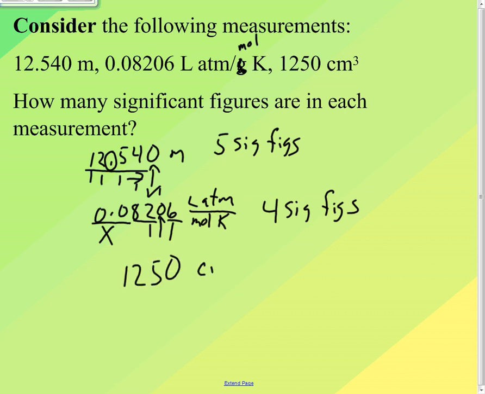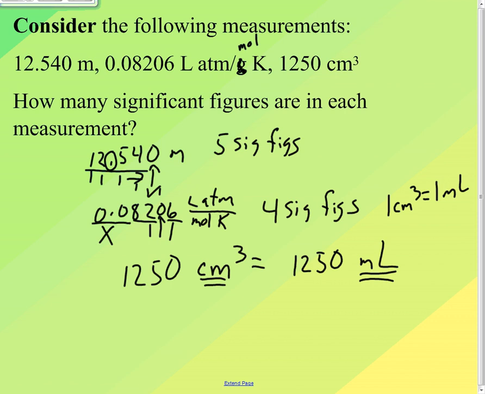And finally, I have 1250 centimeters cubed. By the way, a centimeter cubed is equal to what? Well, a centimeter cubed is exactly the same as a milliliter, and that conversion will be helpful to you throughout the year. So remember, 1 centimeter cubed equals 1 milliliter. Great. Now let's analyze this. I have 3 non-zeros, so those are significant. I have a 0, but look, no decimal.